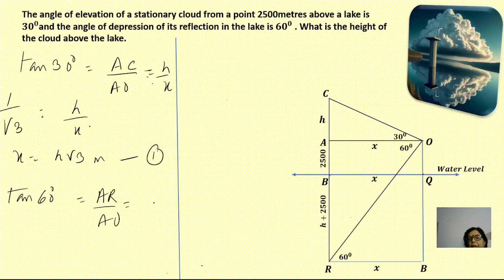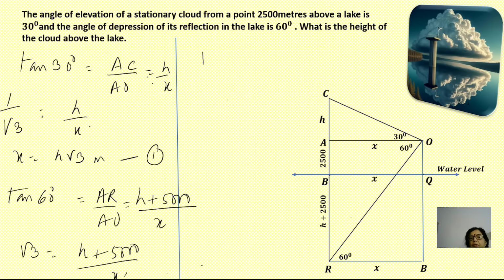So AR becomes equal to H plus 5,000. AO is again X over here. So tan 60 degrees is equal to H plus 5,000 by X. So that means root 3 X is equal to H plus 5,000. This is your second equation.